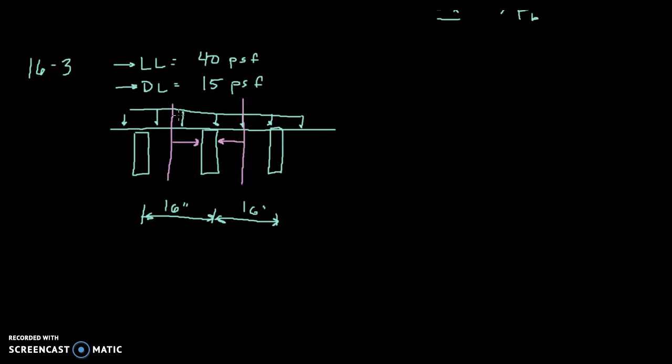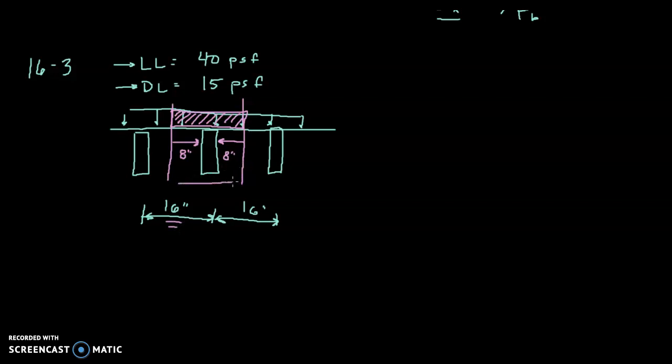So one joist ends up collecting the load in a strip that is equal in width to the spacing of the joists themselves. So in other words, this is 8 inches worth of load, this is 8 inches worth of load, so together it collects 16 inches. Well, that's the same as our spacing was.